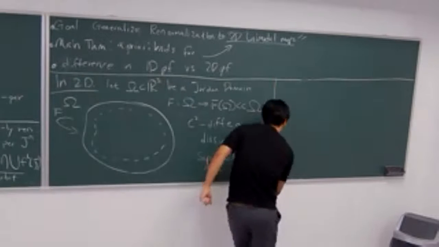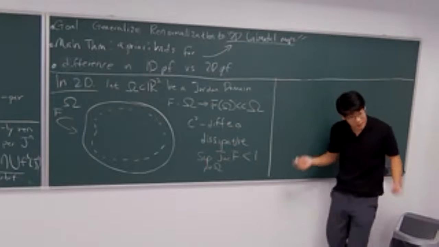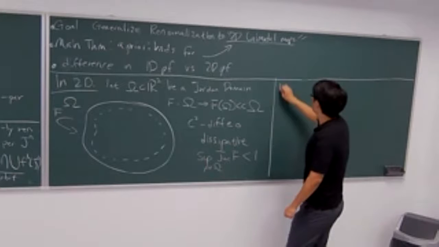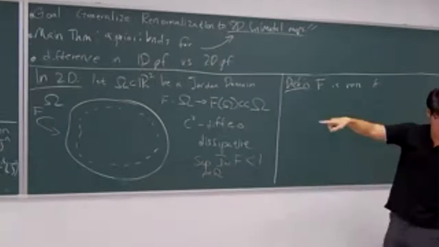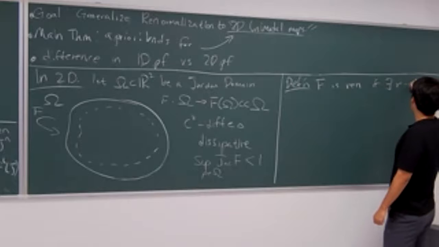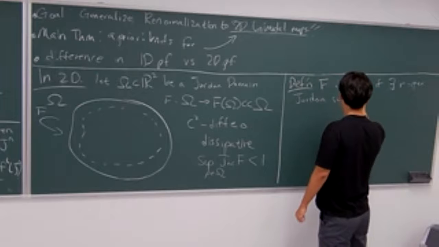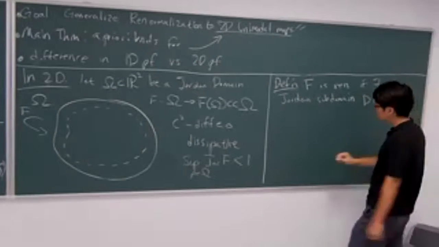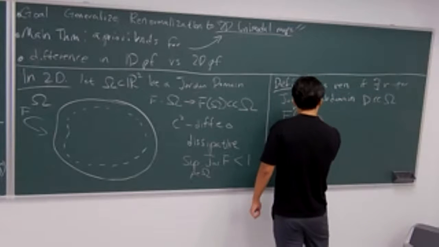And then before I define what it means for such a map to be unimodal, let me first define what it means to be renormalizable, because it's much easier. So the definition: F is renormalizable if, well, it'll be really analogous to the 1D definition. So it's renormalizable if there exists a periodic Jordan subdomain, let me call it D, inside omega, such that F to the period of this domain maps it compactly.